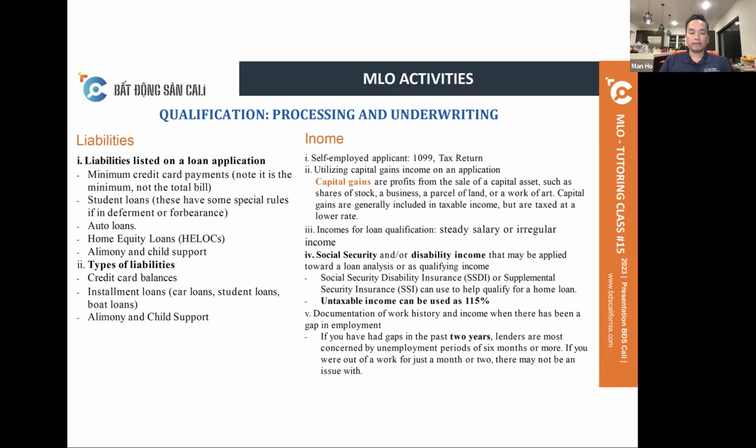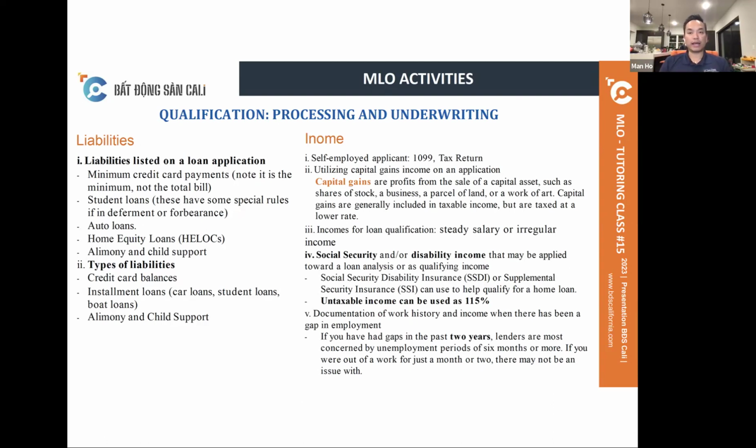Any untaxable income can be used at 115%. So let's say each month you get SSI, SSDI, a total of $1,000 each month. That means you can actually get $1,150 a month as qualifying income. Even though you only get paid 1,000, the calculation takes into account 115% of that money.